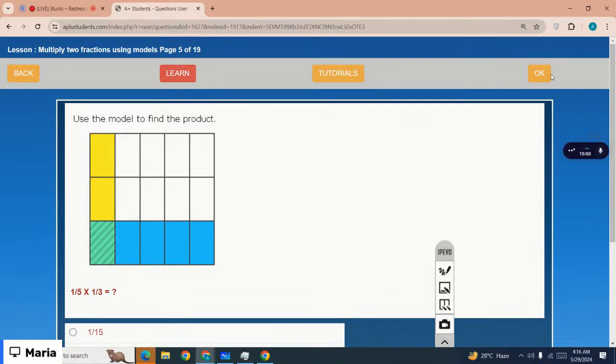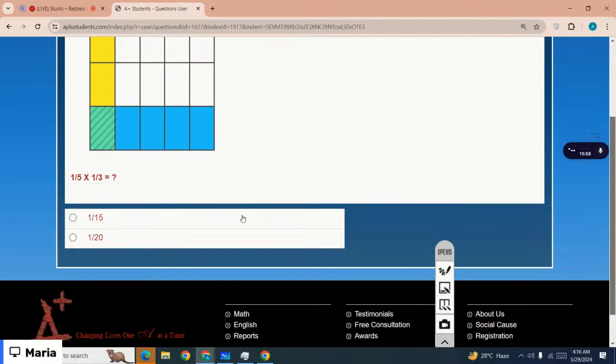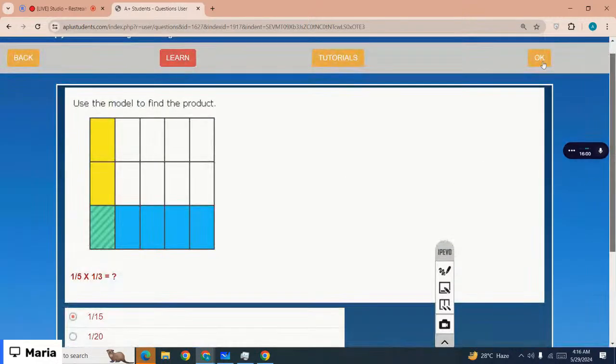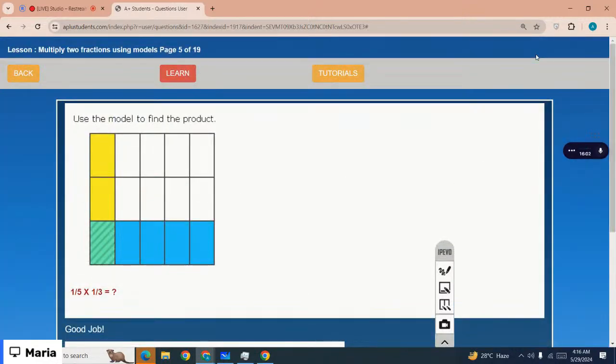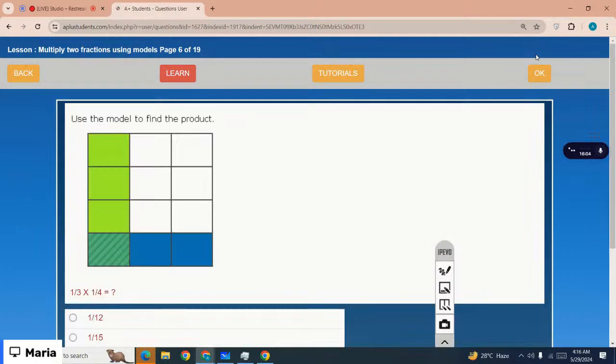Yes, that is 1 out of 15. Option number 1 is the correct option. Use the model to find the product: 1 by 3 times 1 by 4. So which is the correct option?